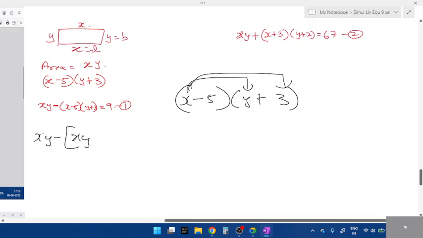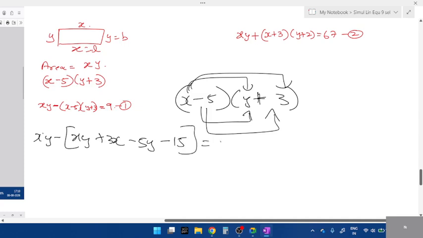Then again multiply x with plus 3, you get plus 3x. Next, minus 5 with y gives minus 5y. Then this minus 5 with plus 3: minus into plus is minus, 5 threes are 15. Just multiply the signs. This is what you get, is equal to 9.